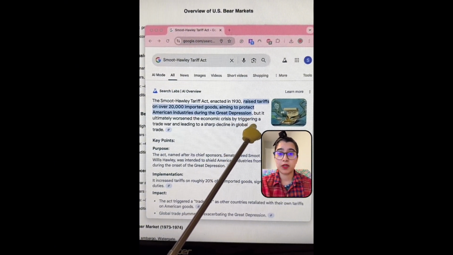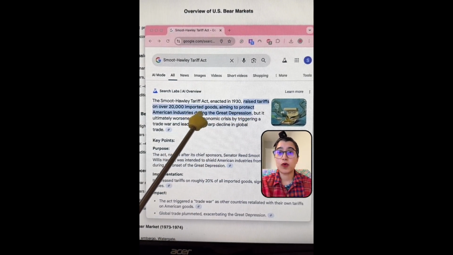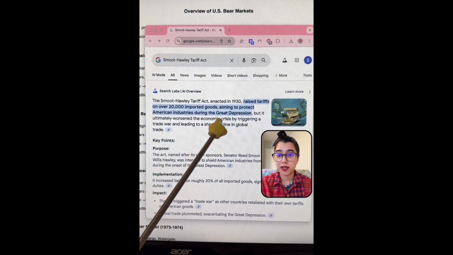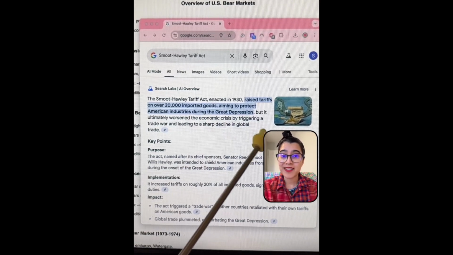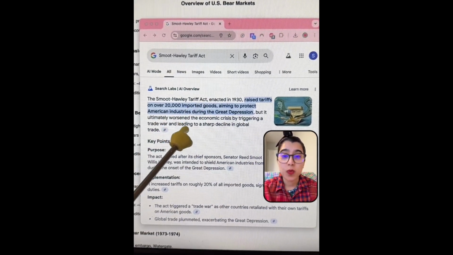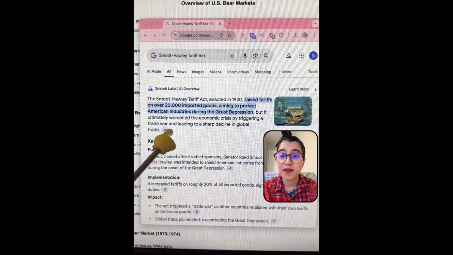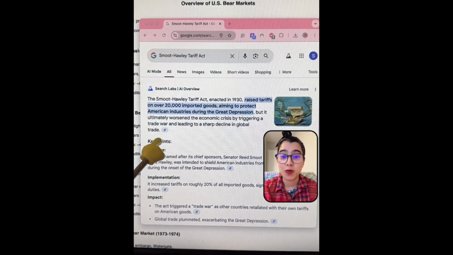This act was enacted in 1930, and it raised tariffs on over 20,000 imported goods, aiming to protect American industries during the economic depression. But it ultimately worsened the economic crisis by triggering a trade war and leading to a sharp decline in global trade. So this has happened before, guys.